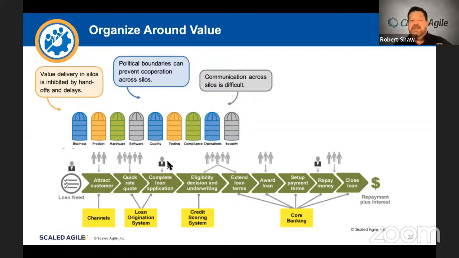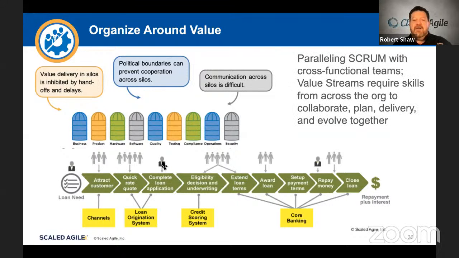The act of engaging as a customer through receiving product and the bank getting paid is different. Then there are auto loans, personal loans, investing. So even a bank can have multiple value streams inside it. We need to understand what's there, what the skills are, what the products or things are that support it, and then how we start aligning people with shared responsibility to that to maximize output.